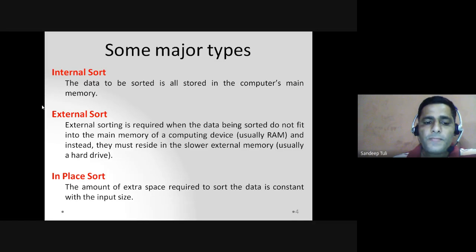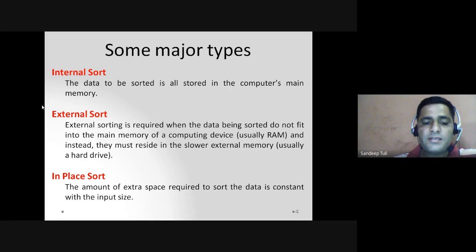But the opposite is when the data being sorted does not fit in the main memory, like RAM. Suppose the data is too large and we require some external memory in order to sort it, then it is an external sort algorithm.